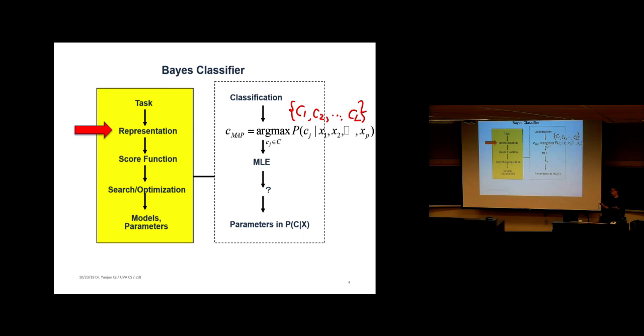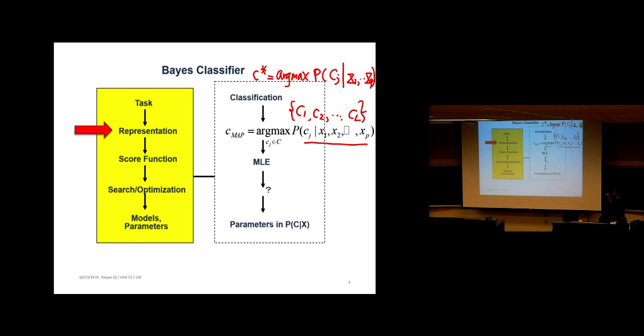I'm trying to use data to estimate the conditional probability P(Cj | x), where x is in fact the p different feature variables, and j belongs to 1, 2, until L. The one that maximizes this conditional probability is my predicted C star.